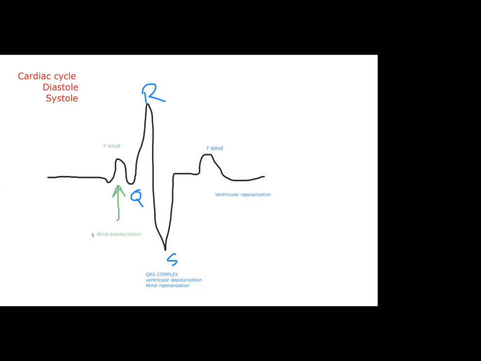Okay, so that's all you need to know about drawing the EKG for the cardiac cycle. It's just the basic normal EKG. Okay, if you want to screenshot that real quick, you can, because I'm about to take it off and go into some more terminology. Okay, 5, 4, 3, 2, 1.